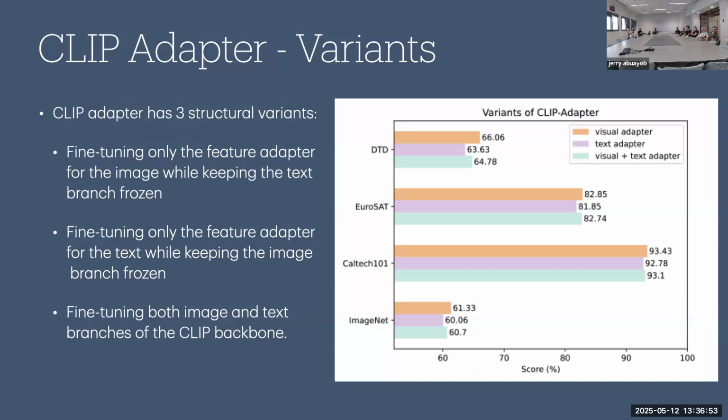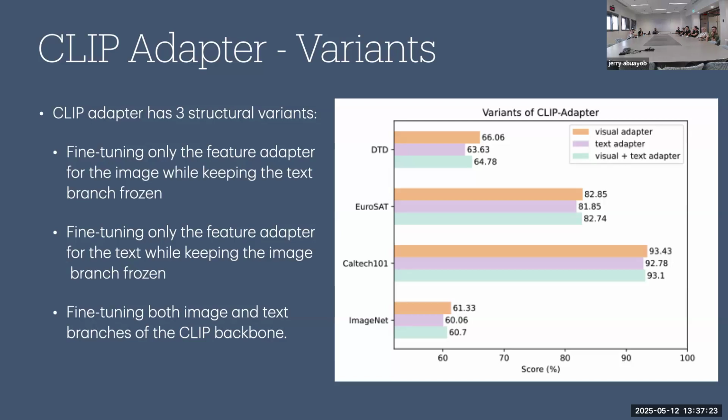Either we have two adapters, one for each encoder, and we can add or remove one of them, or add both at once. The authors tried that, and interestingly enough, the visual adapter alone gets the highest accuracy.